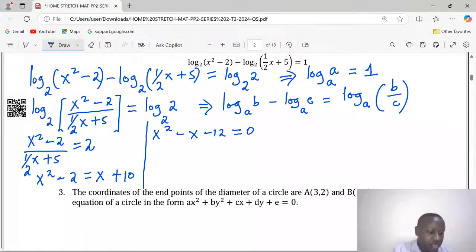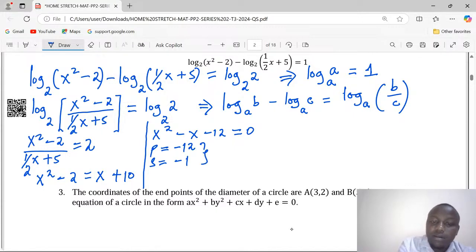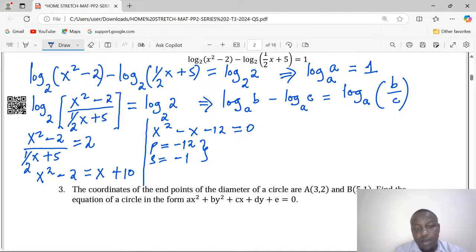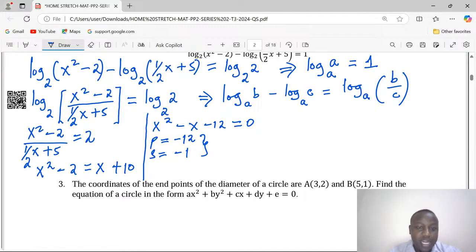The product of a by c is negative 12, and the sum is negative 1. The two factors which when multiplied give us negative 12, and when added give us negative 1, are negative 4 and positive 3.